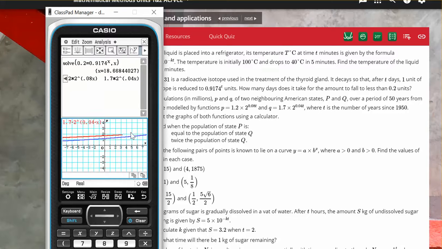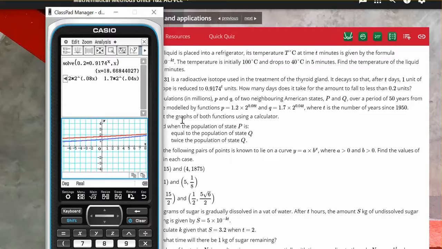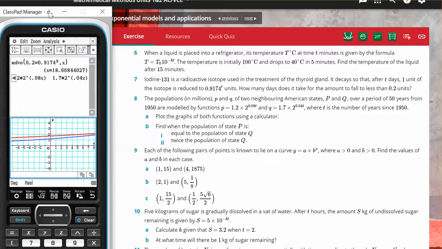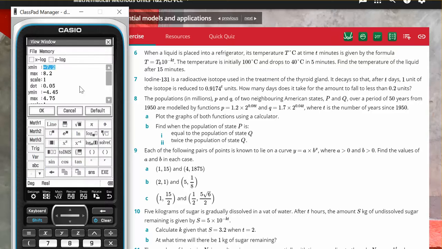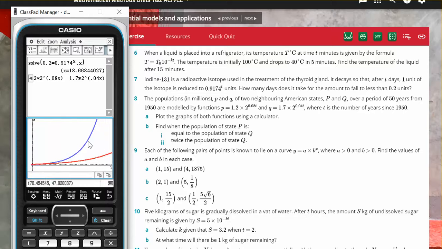The graph's not really showing properly, so you've got to look for clues to help you draw the graph. It says over a period of 50 years from 1950. So your x value, which is your t, should be from 0 to 50, but I'm going to go 0 to 100 just to show more of it. And my y scale, I might want to go from 0 to, let's say, 100. Okay, perfect. It shows the graph really well.